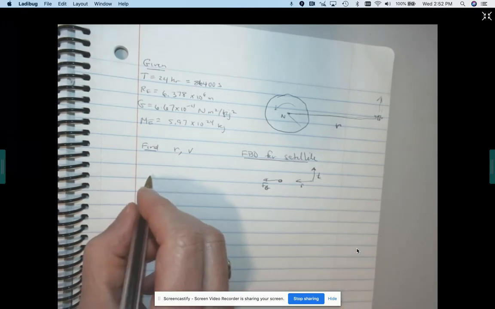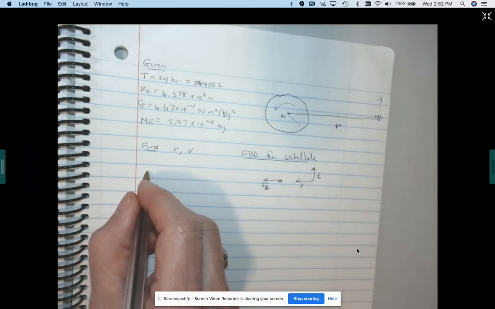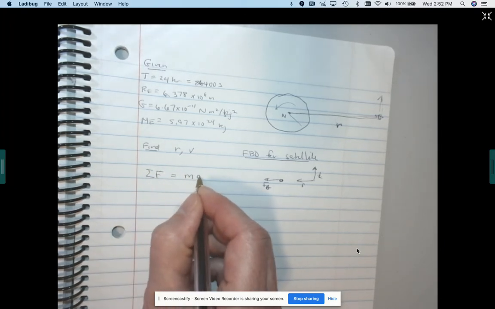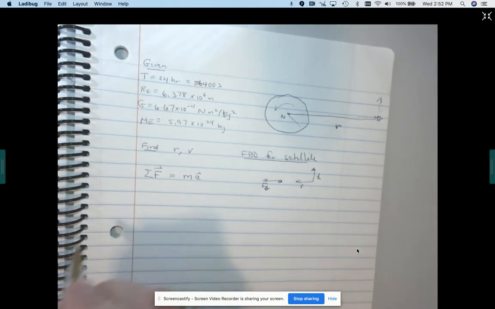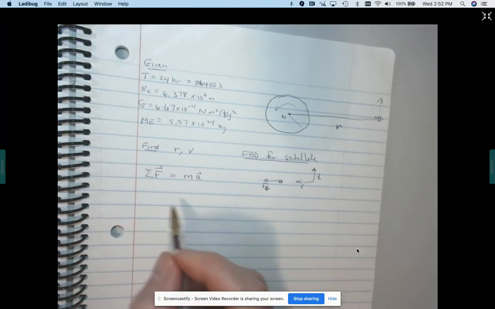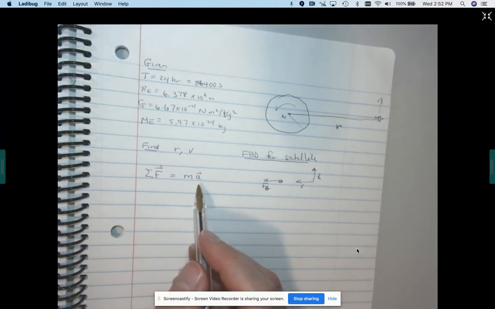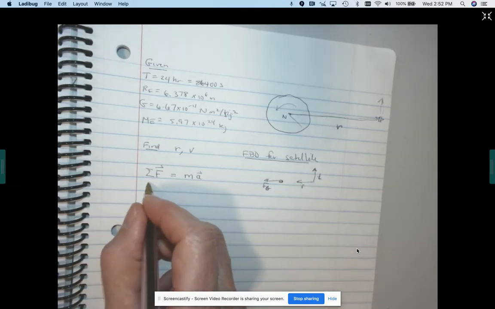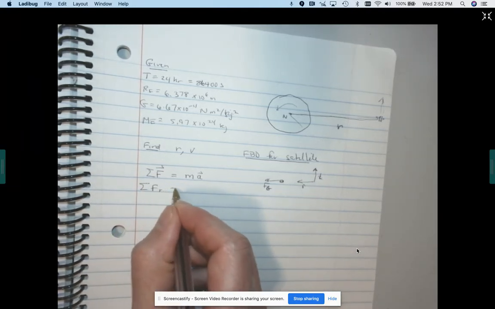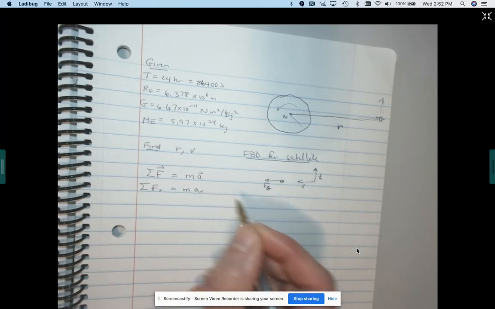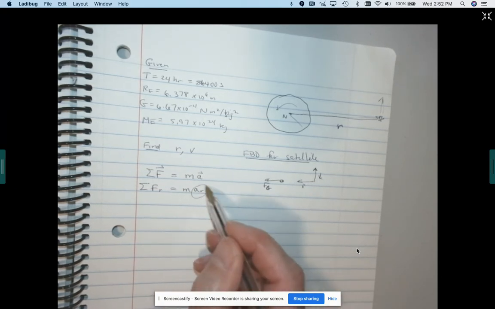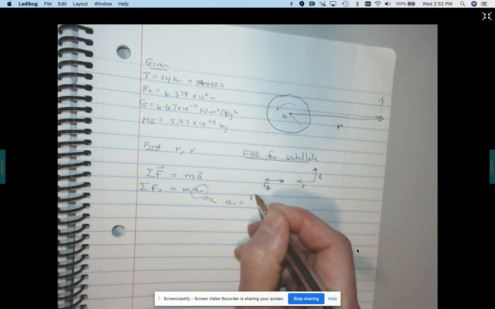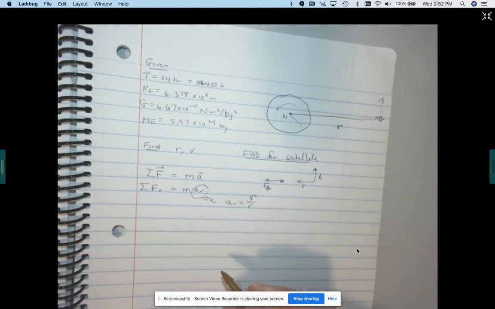So we have the sum of the forces equals m a, or we'll just do the general one first. The sum of the forces in all directions will produce an acceleration. The only force actually is in the radial direction, so we can rewrite this as the sum of the forces in the radial direction is m a_r. And from centripetal acceleration, if something's moving in a circle, its acceleration is v squared over r.